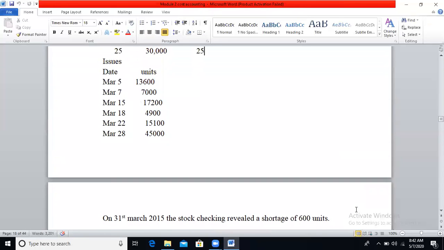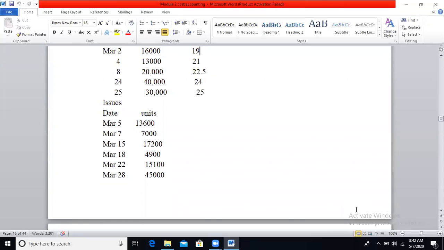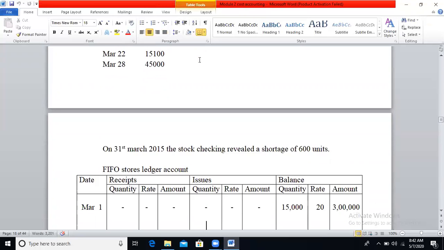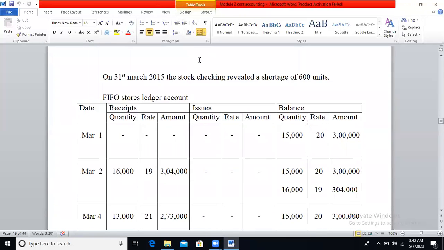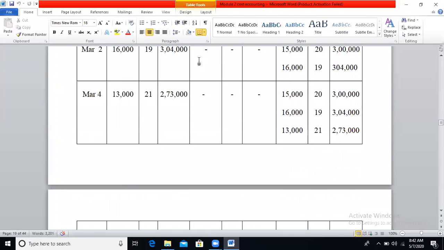The next transaction is March 4th, we are purchasing 13,000 units at rupees 21. March 4th, write the date. Purchasing means receipts. We will consider purchased units as receipts. Number of units will be 13,000. The rate will be 21. If you multiply 13,000 into 21, you will get the value as 2,73,000.